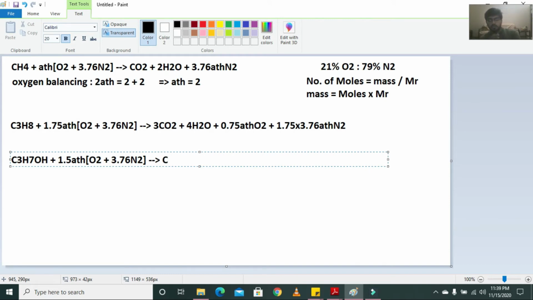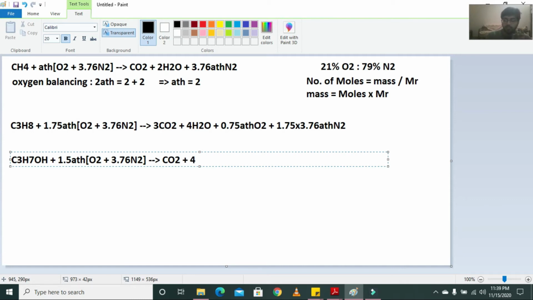Now here you can see that instead of writing 3 moles of CO2, I am not writing down the moles of CO2 yet.